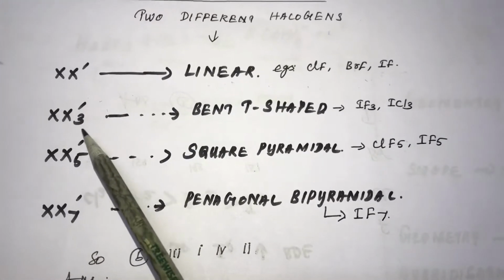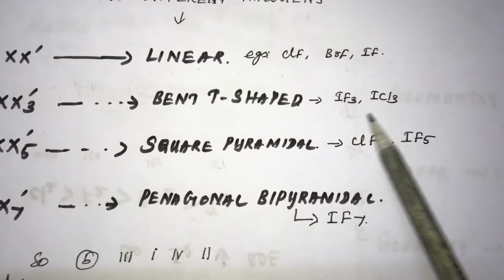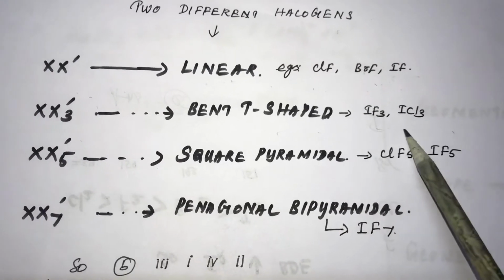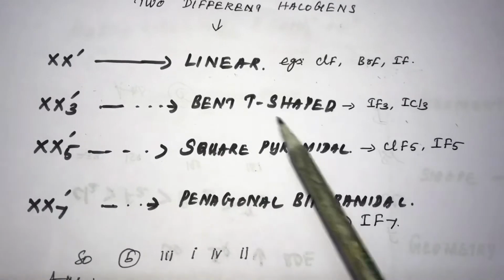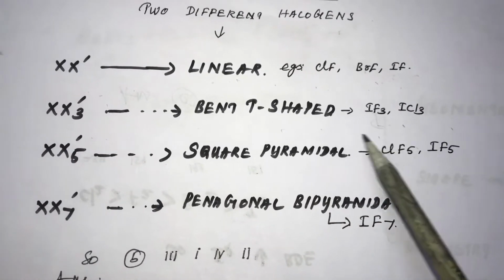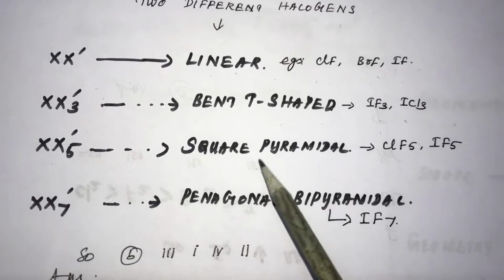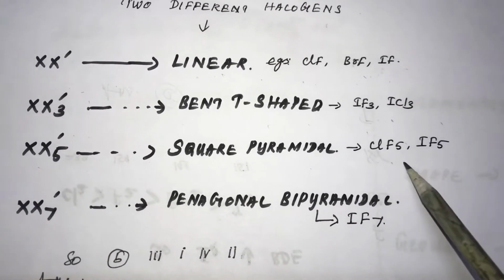And XX'3, where the examples are IF3 and ICl3. They are of bent T-shaped structure. So XX'3 matches with bent T-shaped. The next type is XX'5, the square pyramidal, with examples of the type ClF5 and IF5.